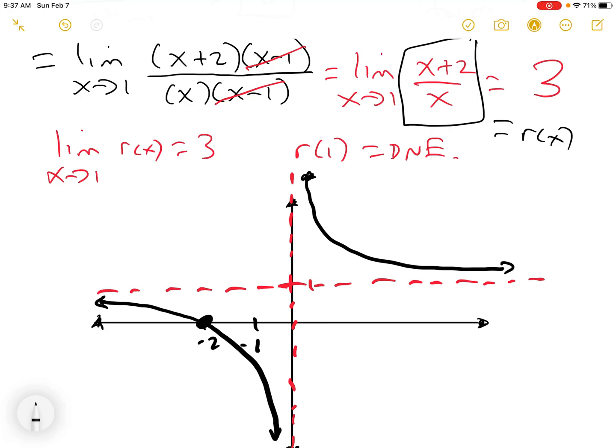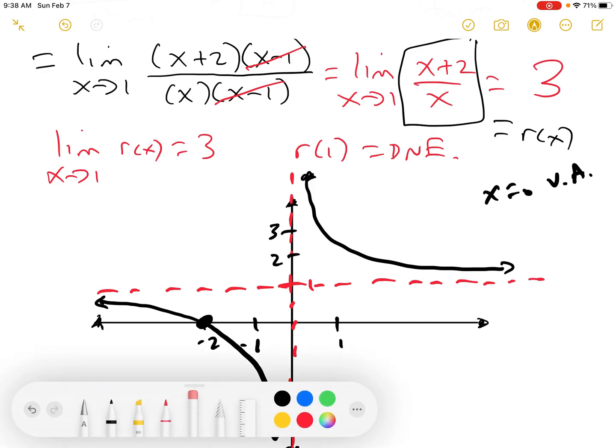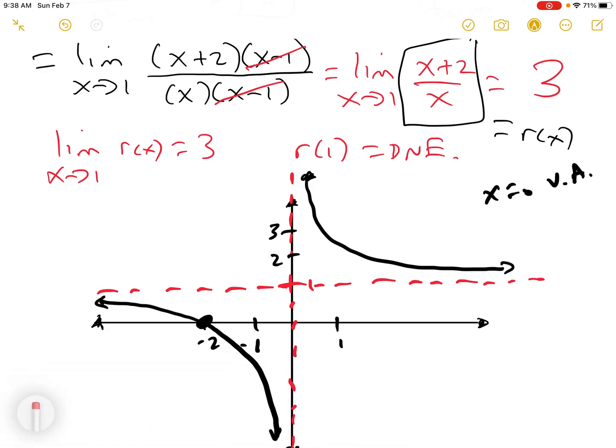So at 0, x equals 0 is a vertical asymptote. We also know that at 1, 3 there's a hole, because r of 1 is undefined. It's not quite in the right spot there.